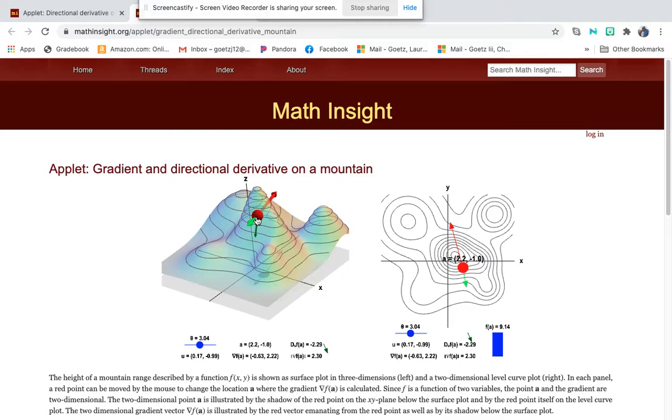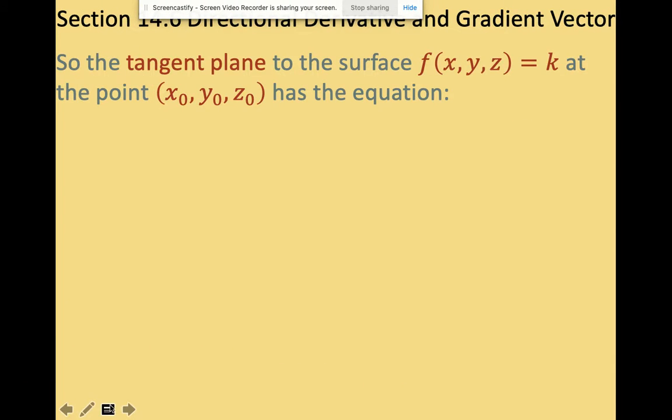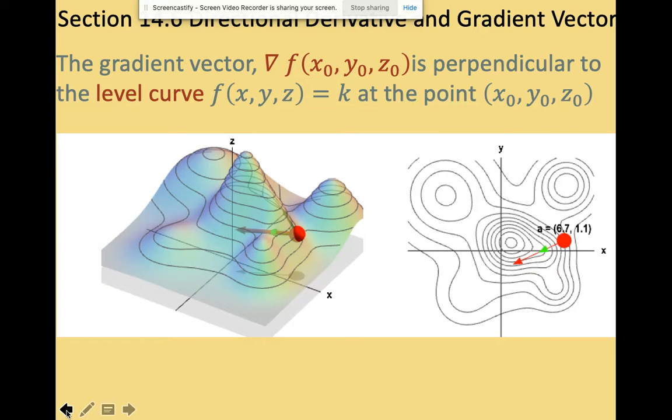So the gradient... gosh darn it. I don't know. It goes away. I didn't want it to go away. The gradient vector is always perpendicular to that tangent vector. Why do I care about that?